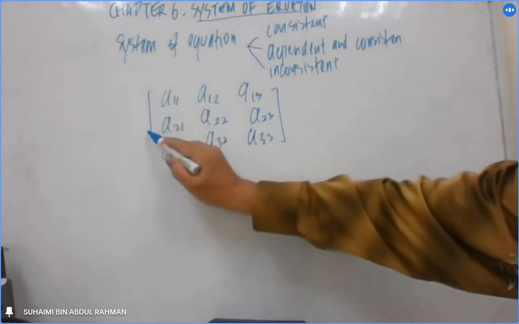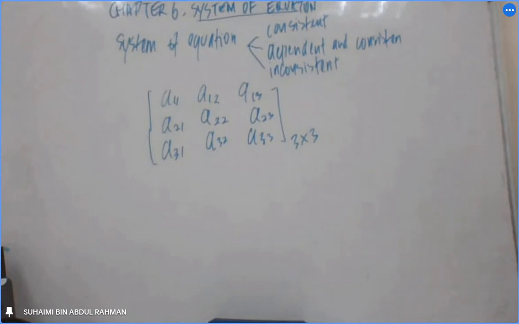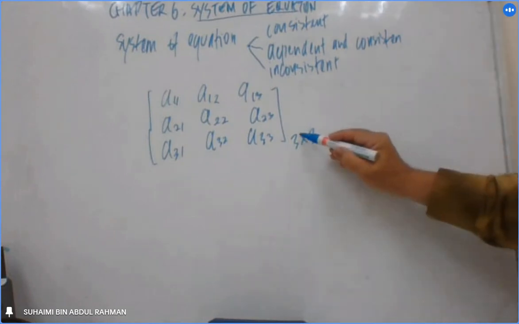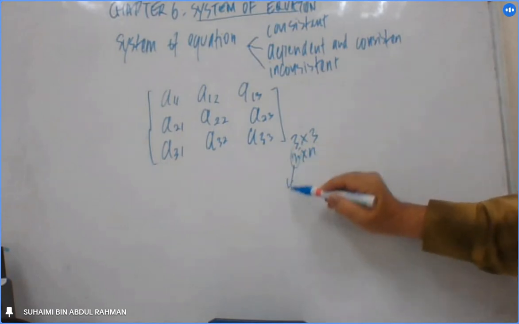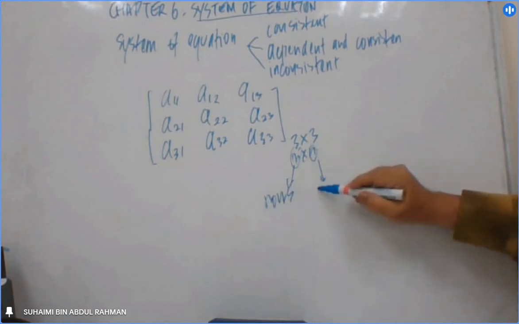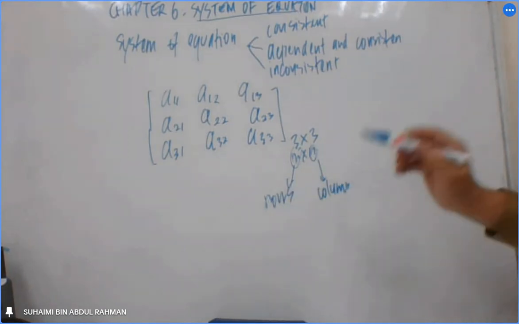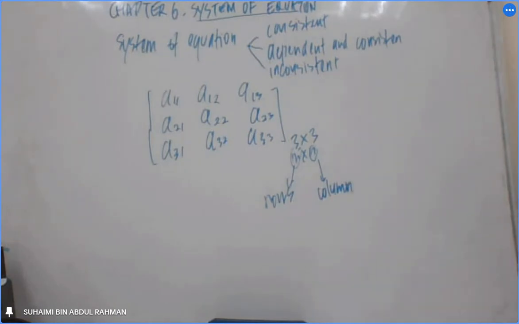This type of matrix we call matrix 3 times 3 because we have 3 rows and 3 columns. Remember that this is like m times n, and m is the number of rows and n is the number of columns.